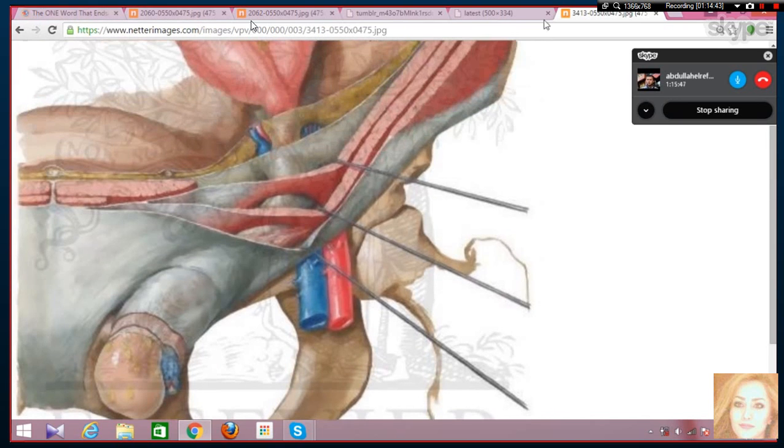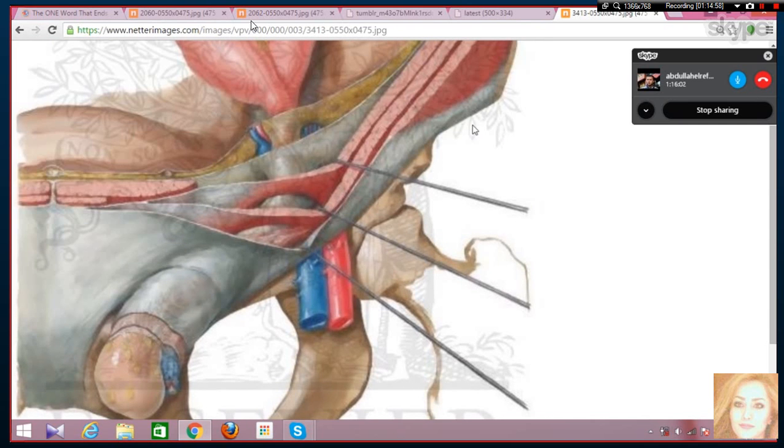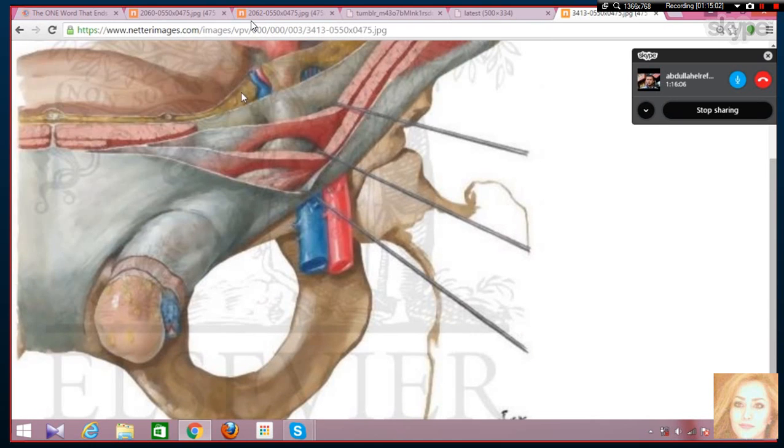Thigh? Okay, now we have two types of hernia. We have direct and indirect inguinal hernia. First let's see what a direct inguinal hernia is. If the small intestine breaks all these walls and fascia and comes out directly from the superficial ring, this is called direct inguinal hernia.